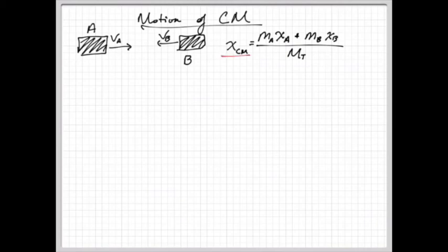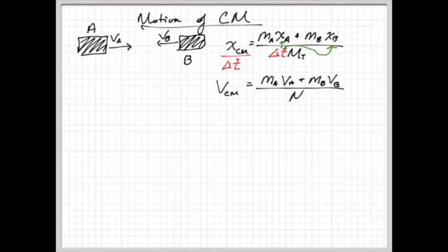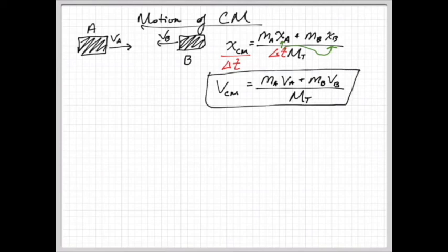But what if we looked at how that position's changing with time? Well, position over time is simply velocity. So this would tell us the velocity of the center of mass is equal to mass a times its velocity plus mass b times its velocity over the total mass. And that would tell us how the center of mass of the system is moving.